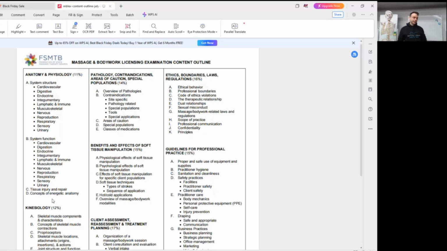Some of the bigger topics from that category, I could say, would be knowing the chakra system, knowing what meridians are, knowing the various Eastern modality techniques like shiatsu, Thai massage, having a general understanding of some traditional Chinese medicine.